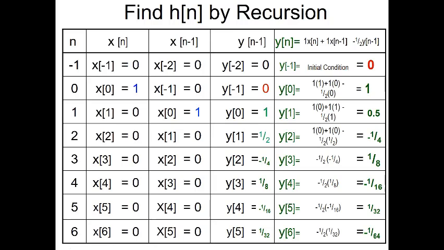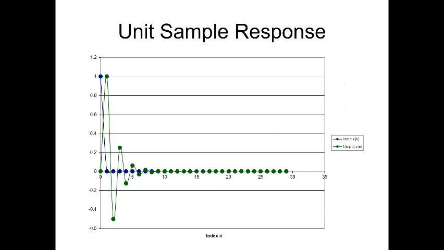It's going back and forth, so it's oscillating, getting smaller, but it's never going to get to 0. So if I wanted to truly specify the unit sample sequence with a recursion table, I would need an infinitely long recursion table. I'd have to keep on going forever. It looks like it settles down to 0, but if we looked on a much finer scale, we would see it's still bouncing back and forth, getting smaller and smaller and closer to 0 as we go out.